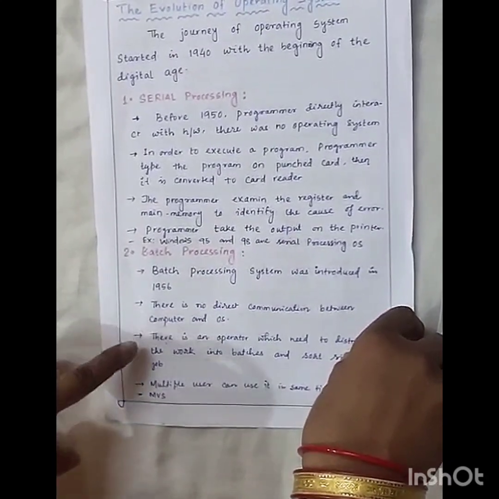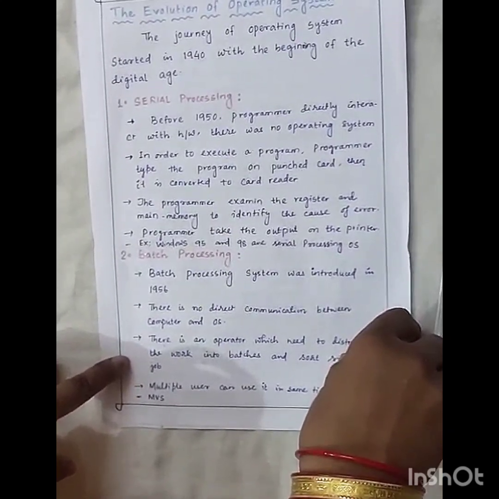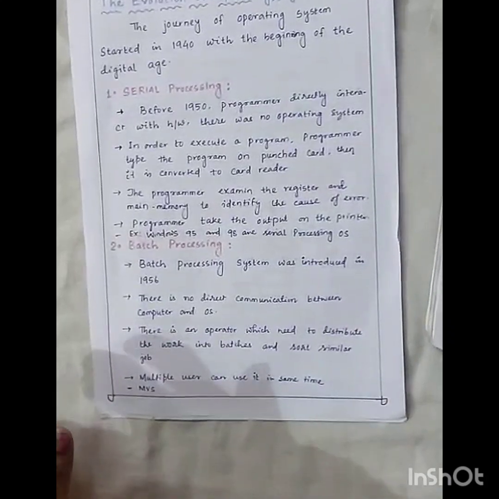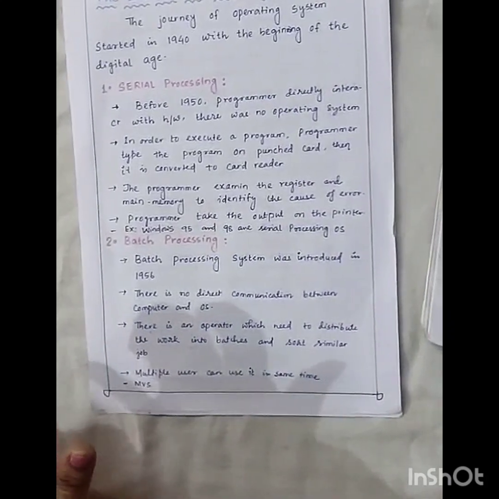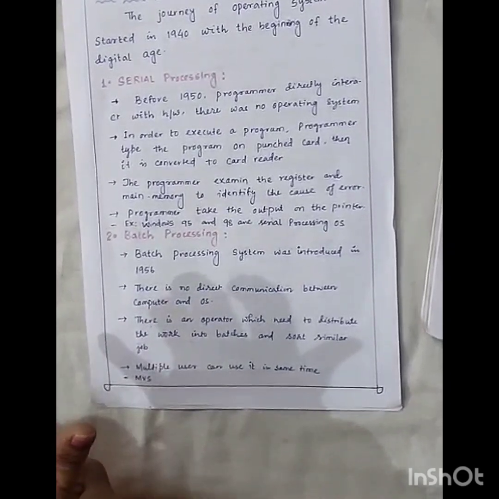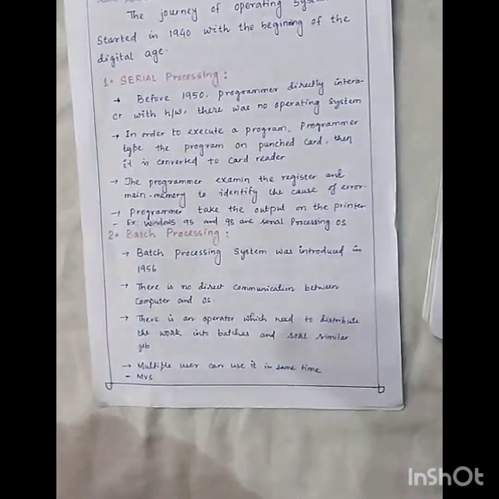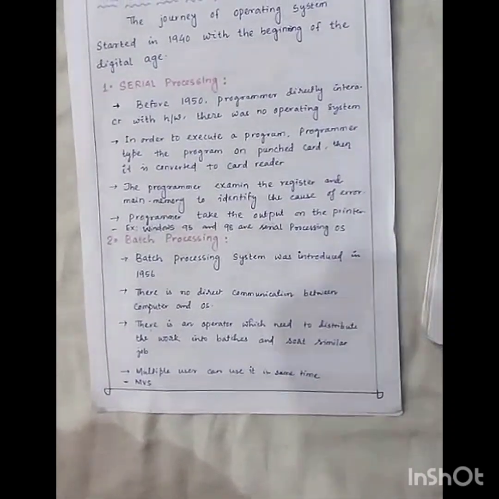In order to execute a program, the programmer typed the program on punch cards, which were then fed to the card reader. The programmer examined the registers and the main memory to identify the cause of errors. So before 1950, when the programmer wanted to execute some program, he would write the instructions on the punch card.